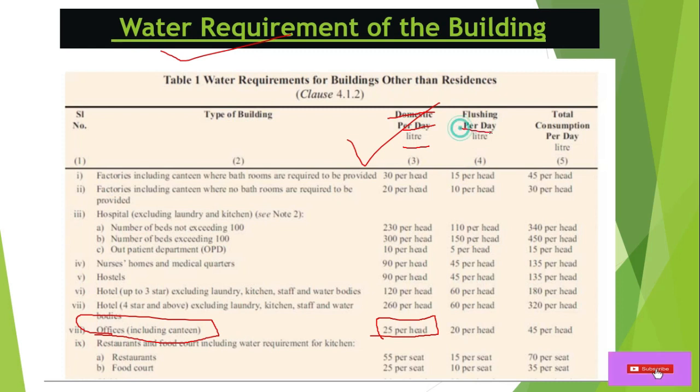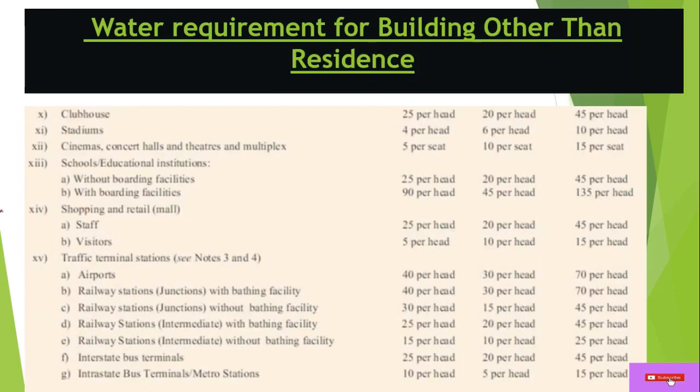Then for flushing purposes, this is 20 liters per head, and the total including domestic and flushing is 45 liters per head. So in this way we can get the water requirement per head as per the NBC sheet.